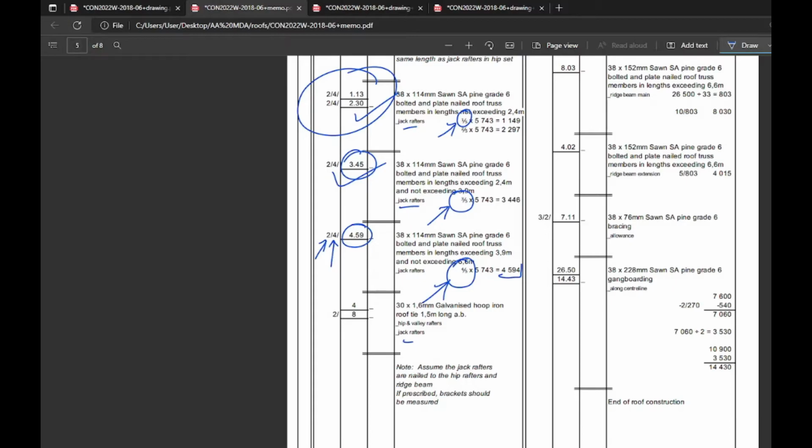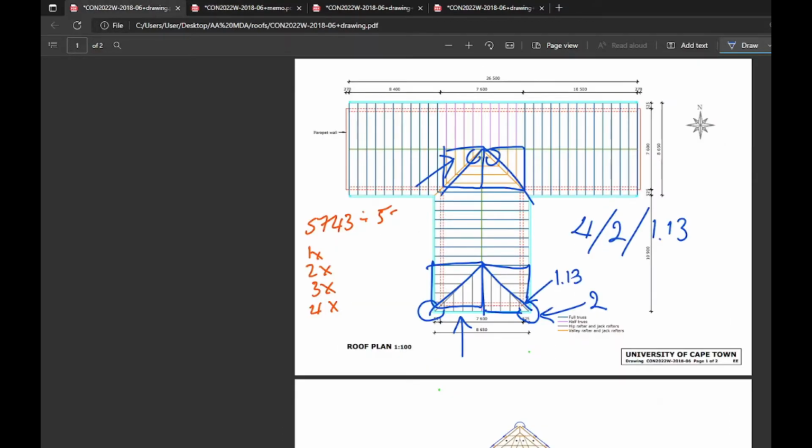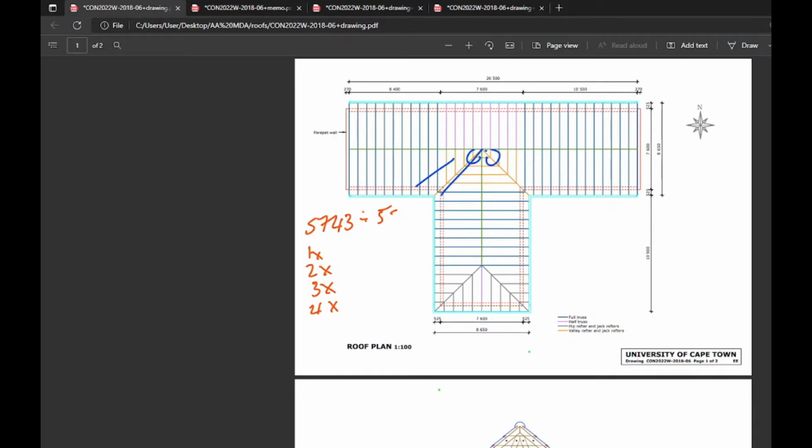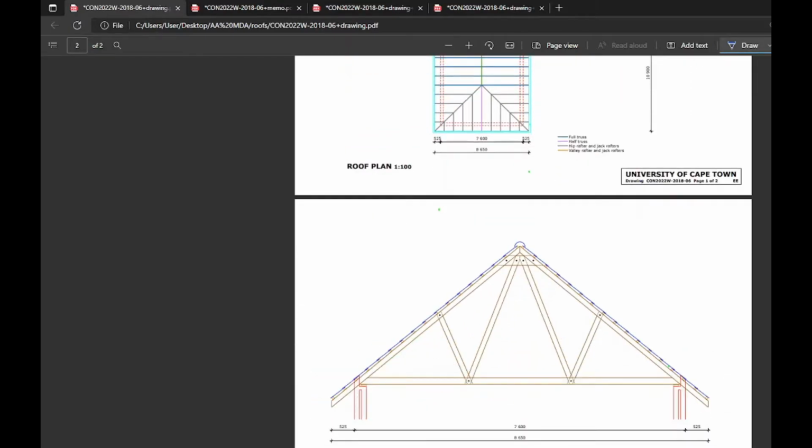Hoop iron roof ties. It is the same story as the half trusses, right? The roof ties only fix to brickwork and timber, so you have to take a look on plan and say, well, it's a jack rafter, so it's sort of floating in the air. Well, not floating, but it doesn't have the same structure as a full truss.